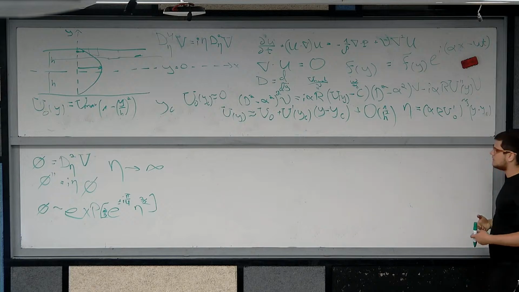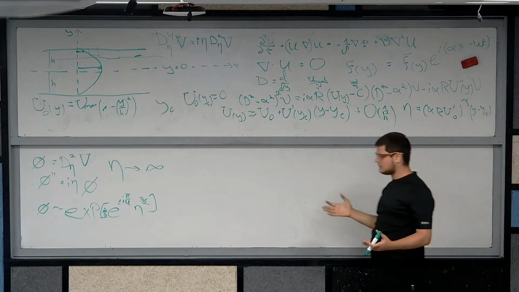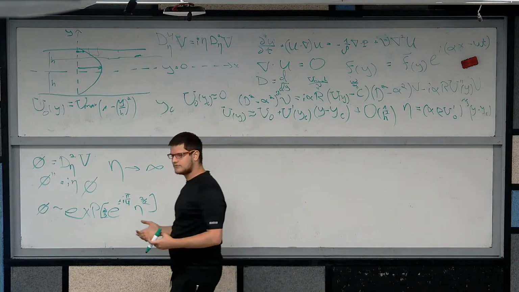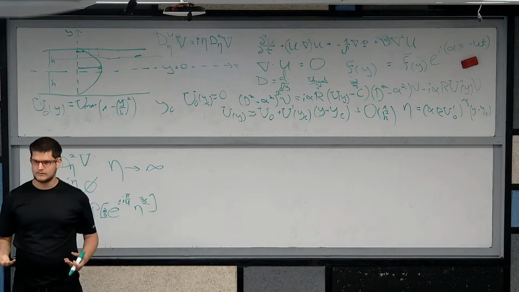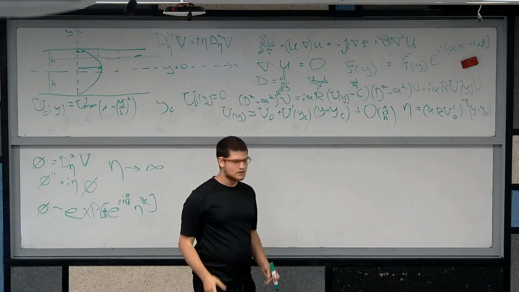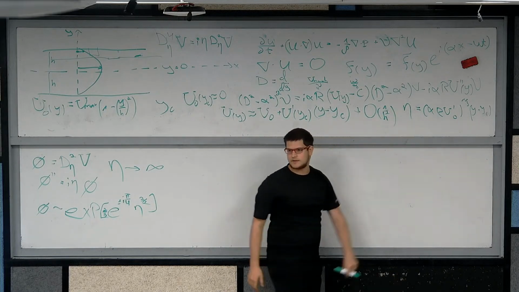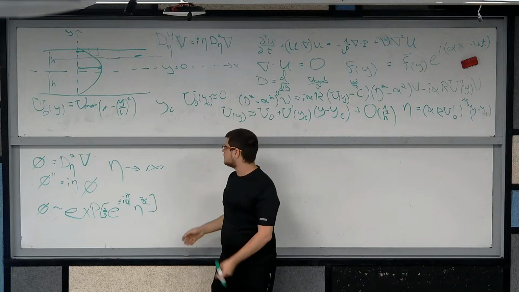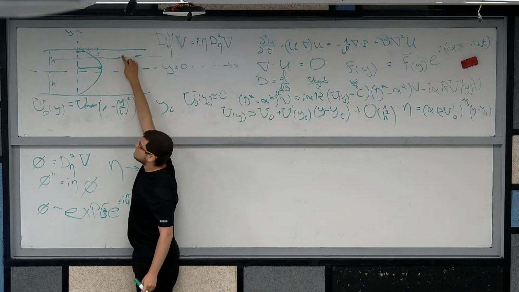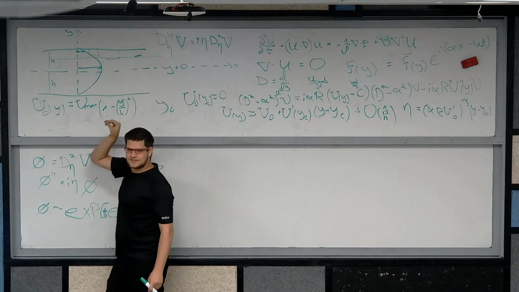But to make it interesting, assume that the Reynolds number is very, very big. Reynolds number quantifies how turbulent the flow is. We want to look at extreme cases, so we can talk about eta approaching infinity. It will be something like I told you here. Close, but not that close.